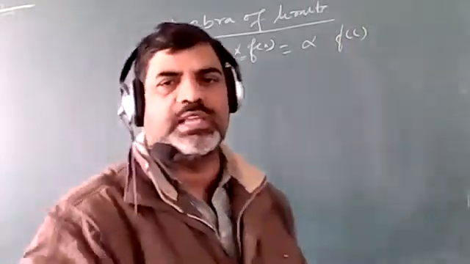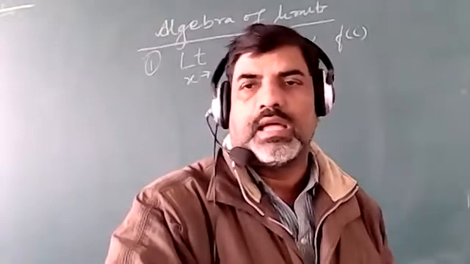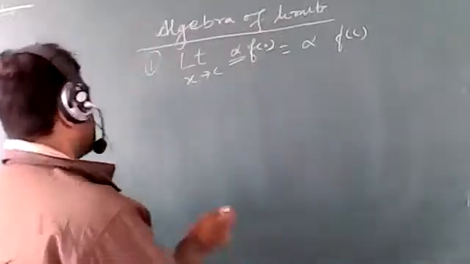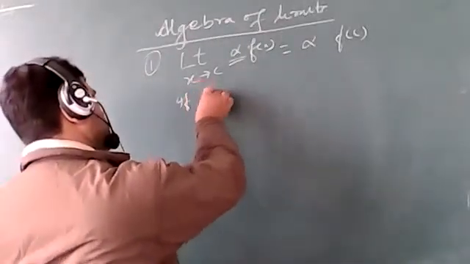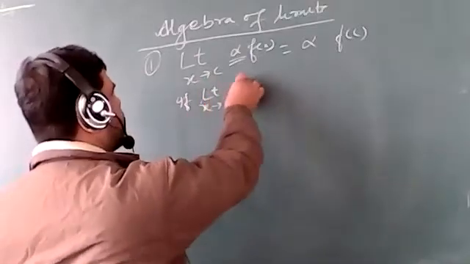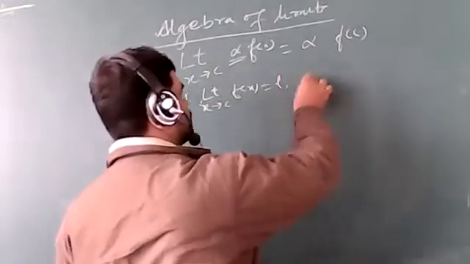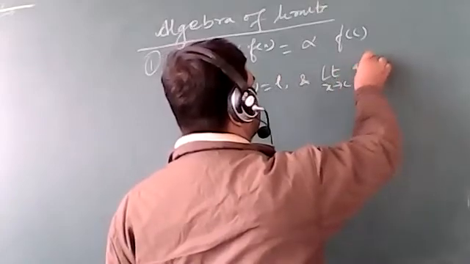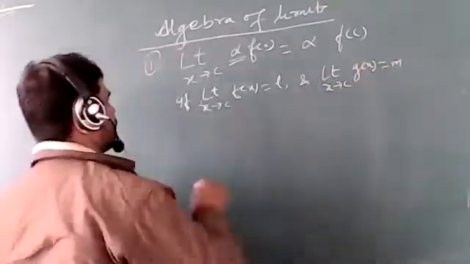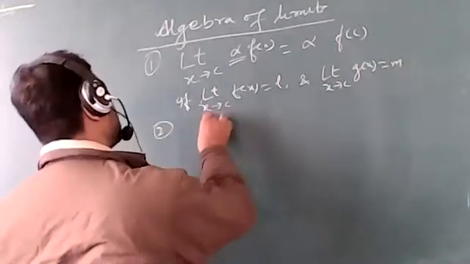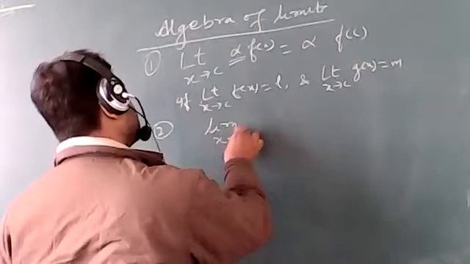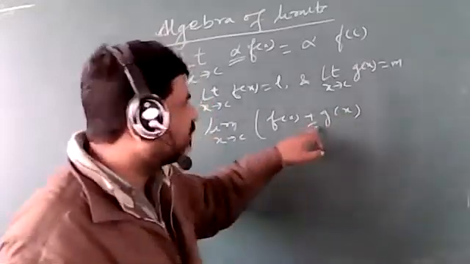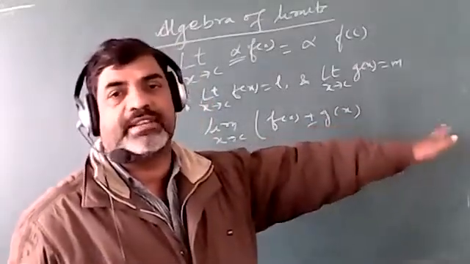If limit x tending to c f(x) equals L and limit x tending to c g(x) equals m, then limit x tending to c of f(x) plus or minus g(x): if you take plus here, then on the right side also there will be plus.